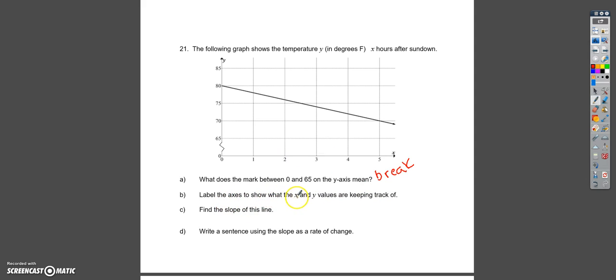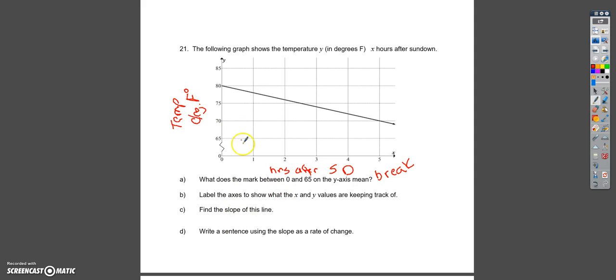Label the axes to show what the x and y values are keeping track of. So here's the x-axis, and it's hours after sundown. I'm going to say SD for sundown. The y-axis is degrees Fahrenheit. So it's the temperature in degrees Fahrenheit.